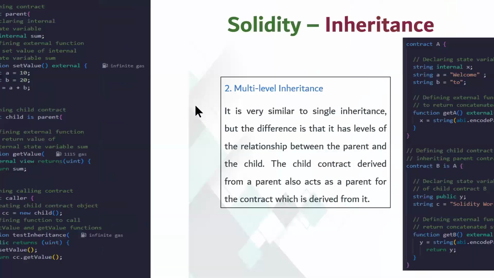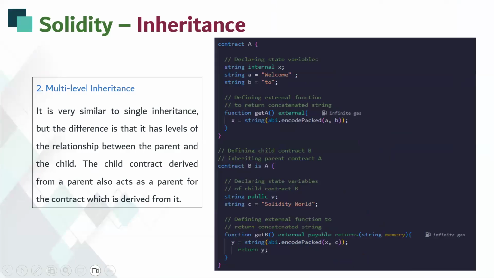Now let's move on to the next type of inheritance, which is multi-level inheritance. Multi-level inheritance is similar to single inheritance, but it involves a chain of relationships between parent and child contracts. A child contract derived from a parent can also act as a parent for another derived contract.